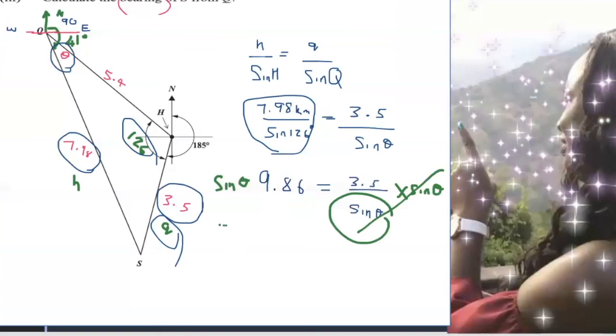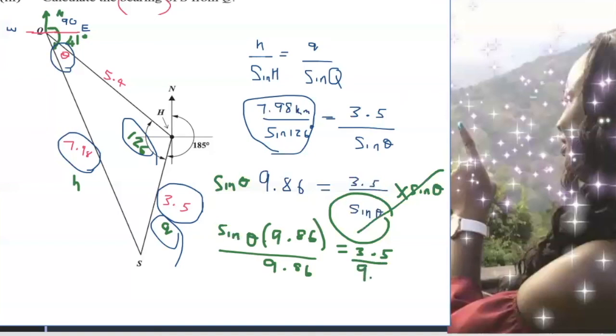So what I have is sine theta times 9.86. When I have it side by side, it means I'm multiplying. This is equal to 3.5. Then I divide both sides by 9.86 to get rid of the 9.86 beside it.